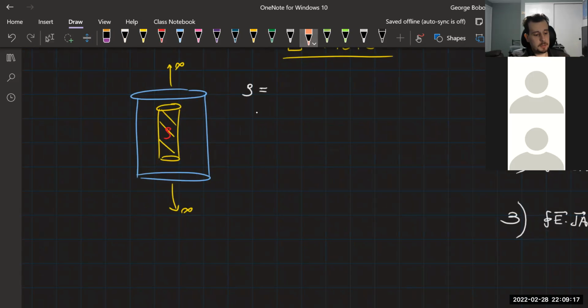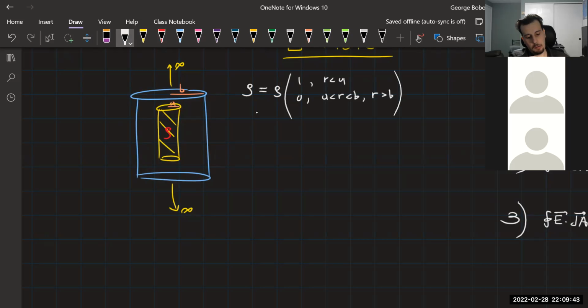Let's say this is radius A, and this is radius B. Rho is nonzero inside the first one, 0 between A and B, and 0 outside as well. Since they're the same magnitude, there would just be 2.